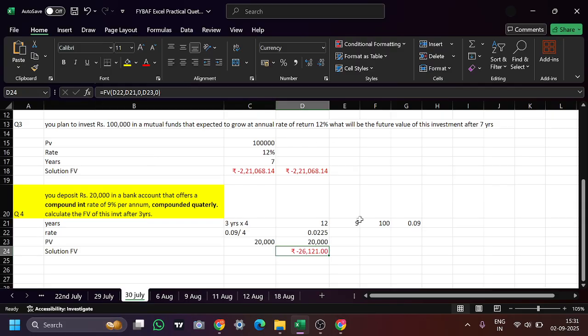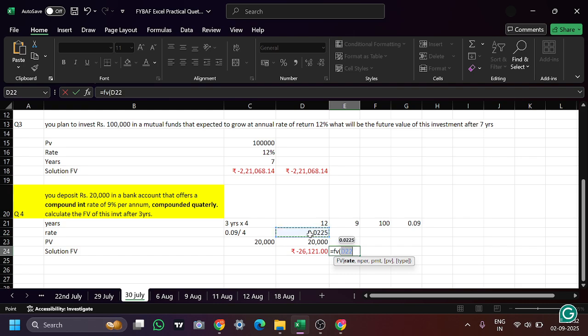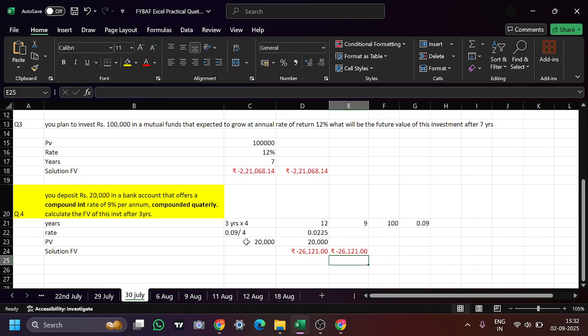The formula is mentioned over here: is equal to future value FV in bracket, the rate is this, because it is compounded quarterly, comma, number of periods will be 12, because again it is quarterly, comma, 0, comma, 20,000, comma, type as 0, completed.